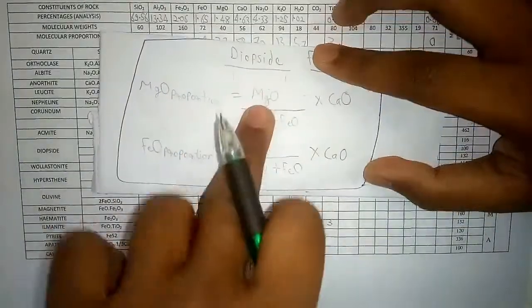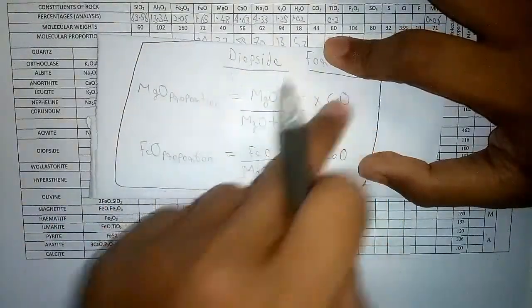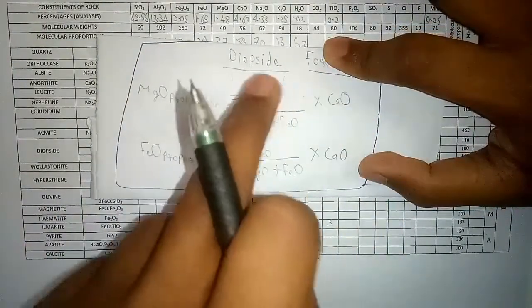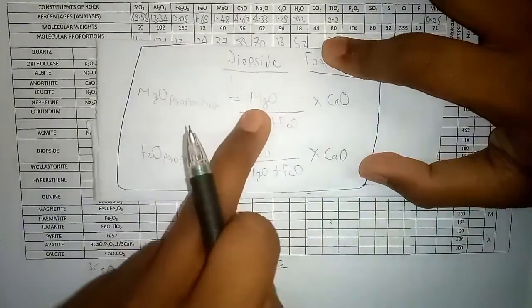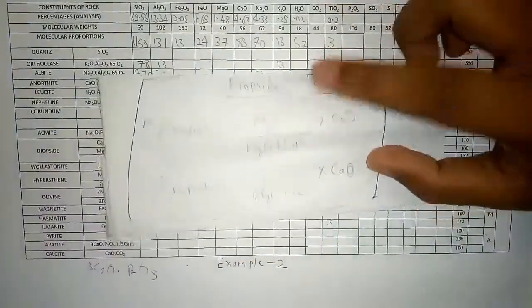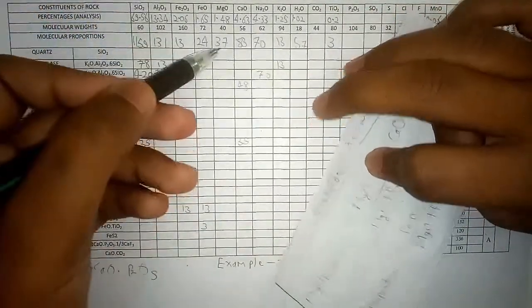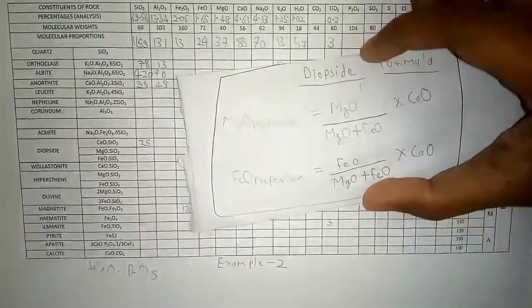Okay. So you can see only 3 values are there: MgO, FeO and CaO. All these 3 values are the remaining molecular proportions of these oxides. So for example, MgO. Did we use MgO till now? No, we haven't used it. So MgO value is 37.